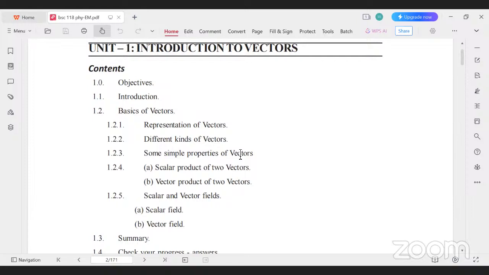In a scalar you can find magnitude, there will be no direction, right? If I want to calculate a temperature, the temperature can increase or decrease. The best example of a scalar is temperature, which may increase or decrease. In such cases, we will use scalar product.